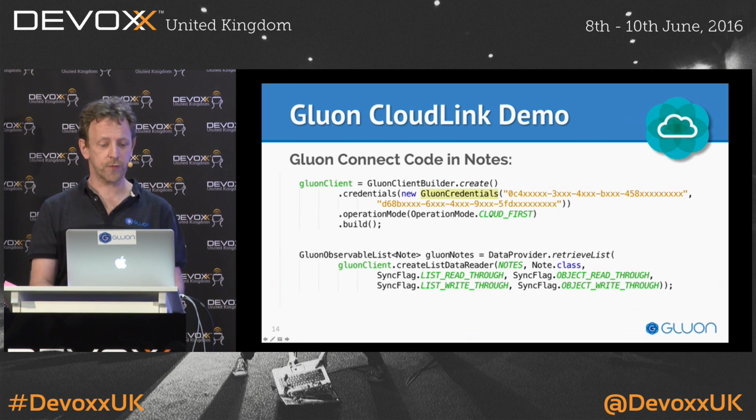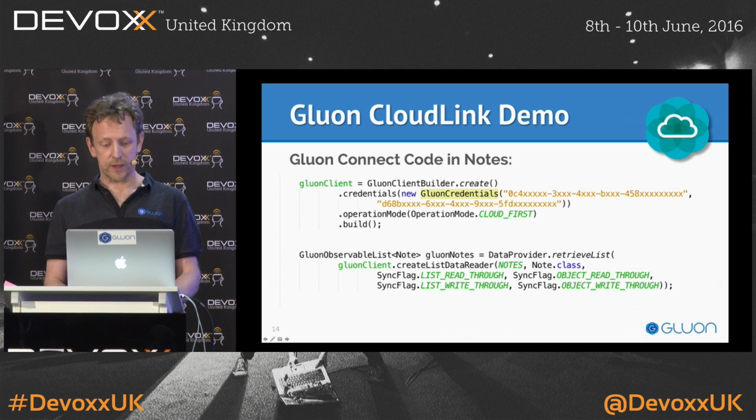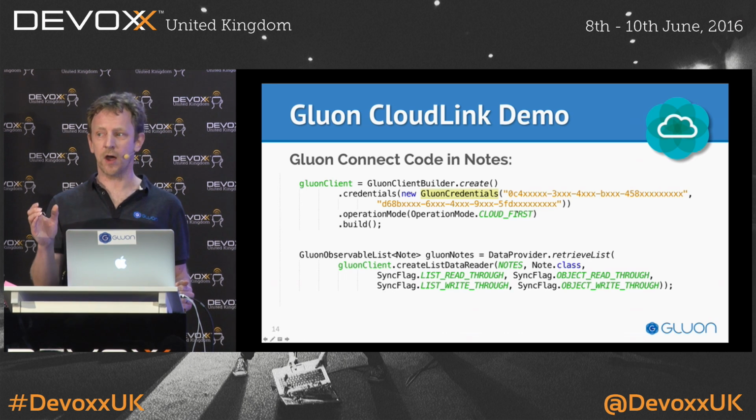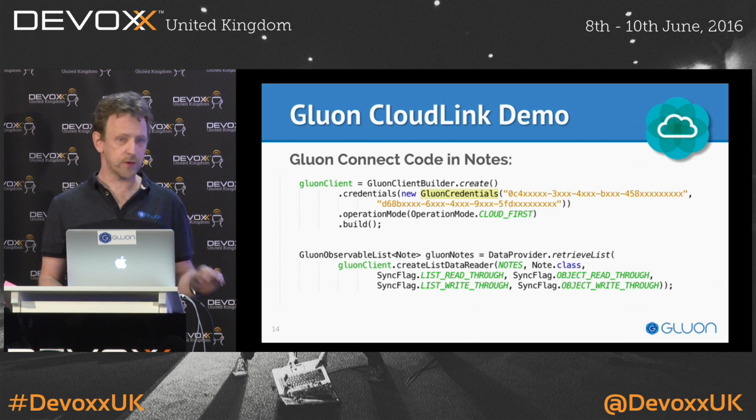We change it to cloud first. What we have to do in order to make use of Gluon Cloud Link is create an application at the Gluon Cloud Link portal, and that will give you credentials, a key and a secret. You enter those credentials in your code, and you specify the operation mode cloud first. This will make sure that if the mobile device wants some data, it will first check the cloud, and only if it doesn't find anything in the cloud, it will revert to a local copy.